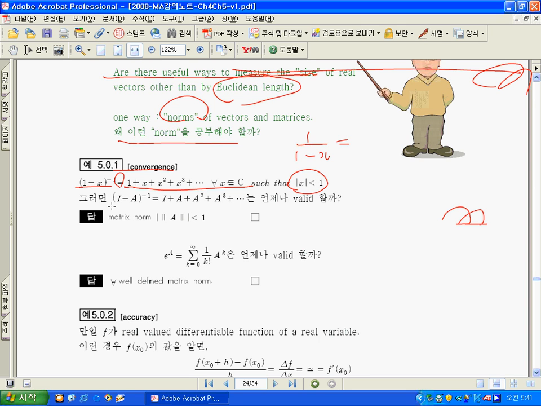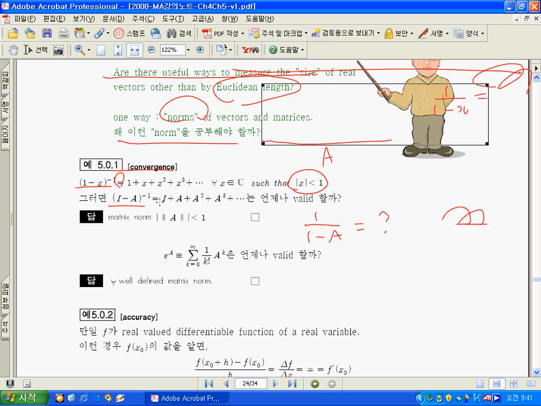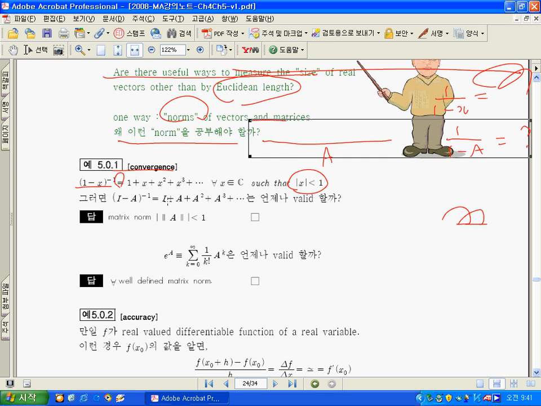Then, what about this? What if this? Can we write the same thing? Can we just replace x with A on the equality that we had? It's not true.